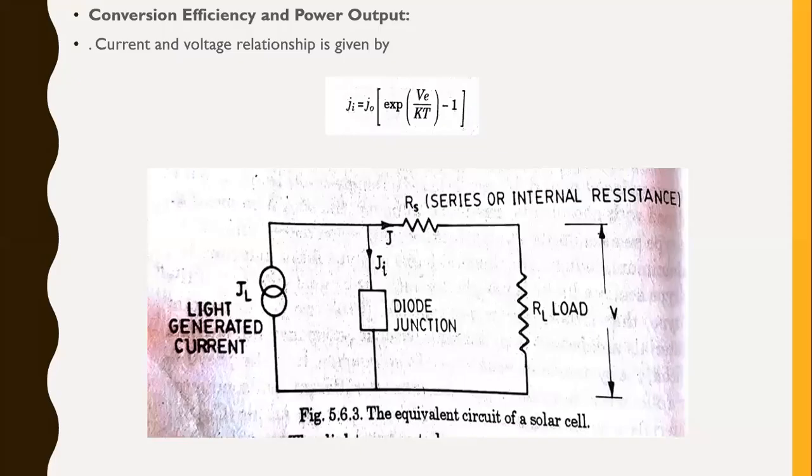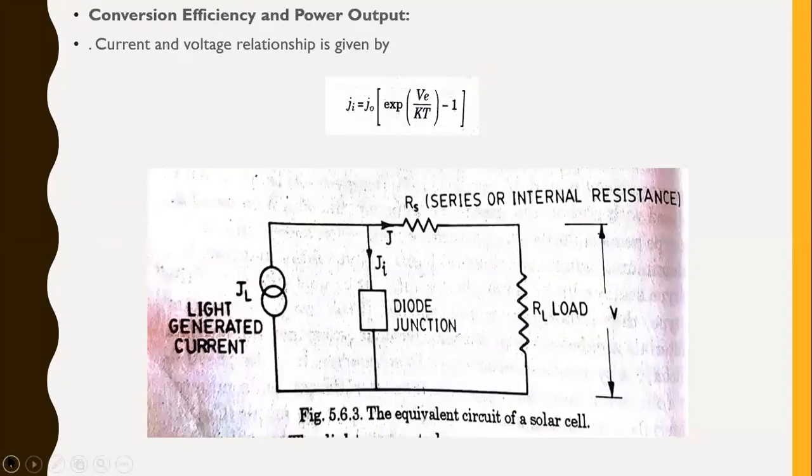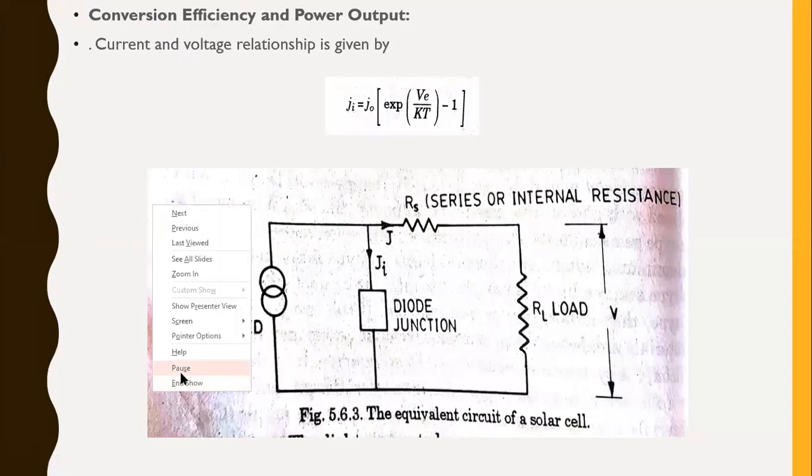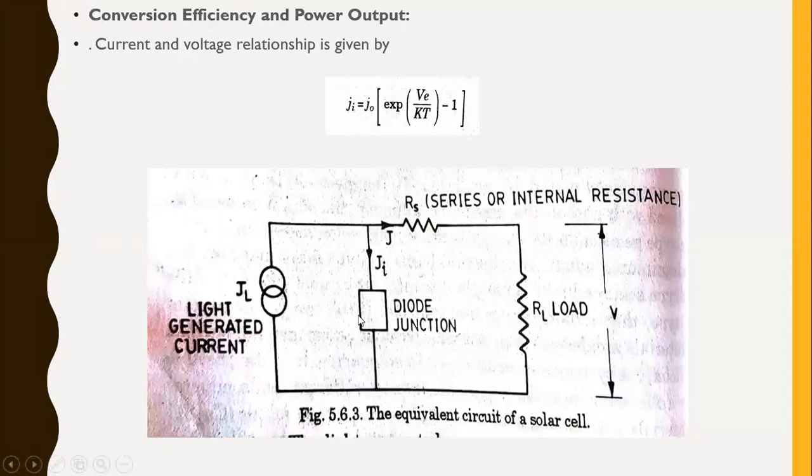To the semiconductor junctions. So these are the next conversion efficiencies and power outputs.